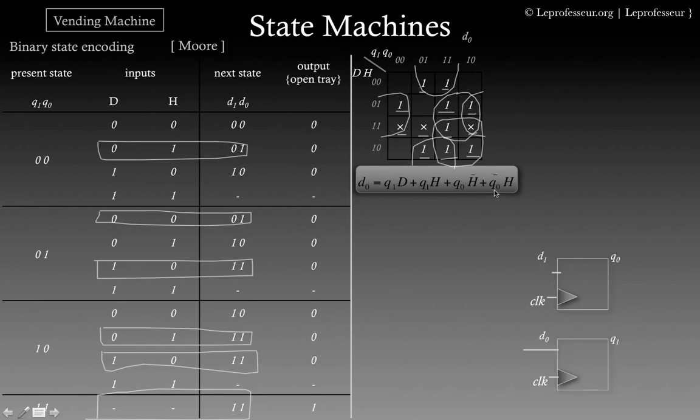Okay, H is 0, same way Q0 bar and H. So you see how we have mapped the information from this state table for D0 into a Karnaugh map, and from the Karnaugh map into a Boolean algebraic equation. If you don't want to use a Karnaugh map, then you can solve a set of Boolean equations, and finally you will arrive at that equation.